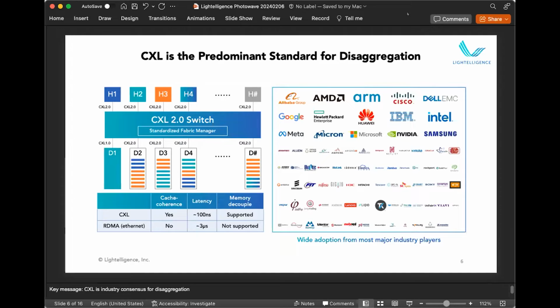Our products work with both PCIe and CXL, but with the addition of the CXL supported processors, the switches such as the XCON switch, and also the CXL memories. There are several companies listed here, Samsung, Micron, and others that have the CXL supported memories.